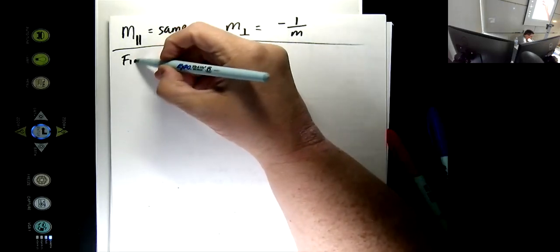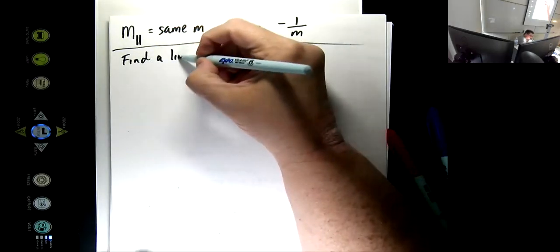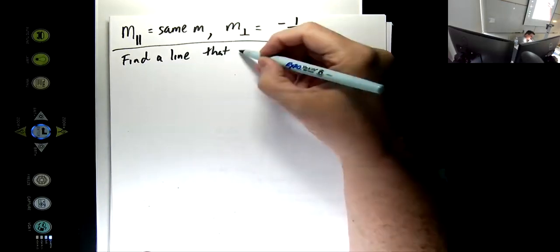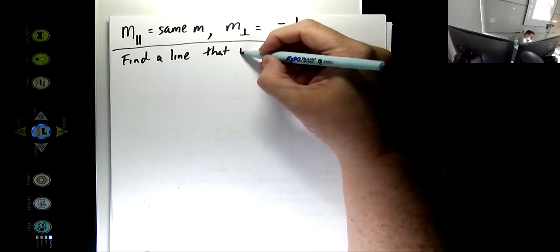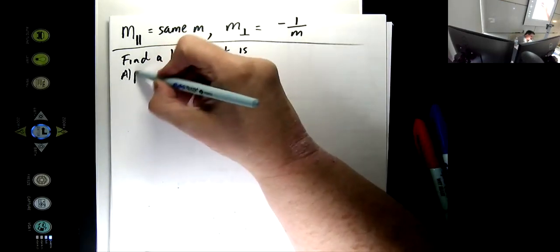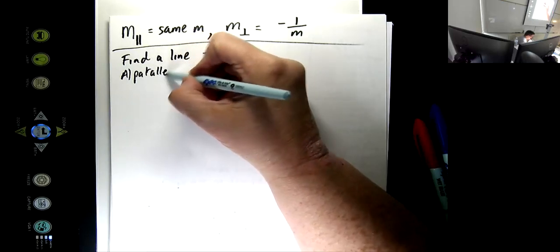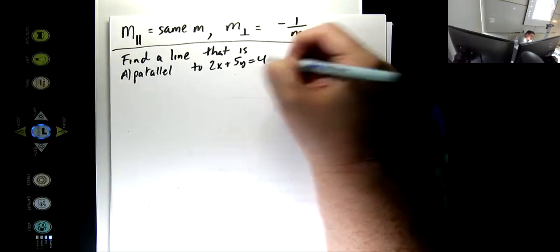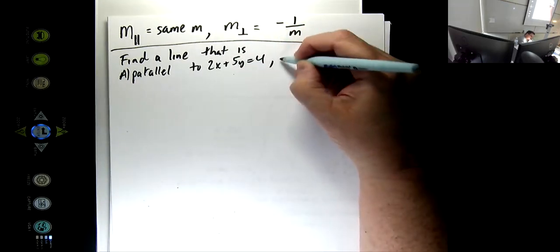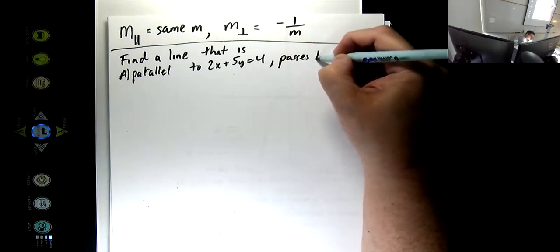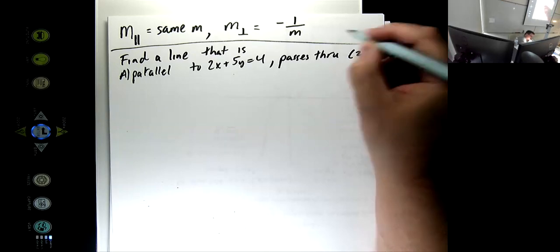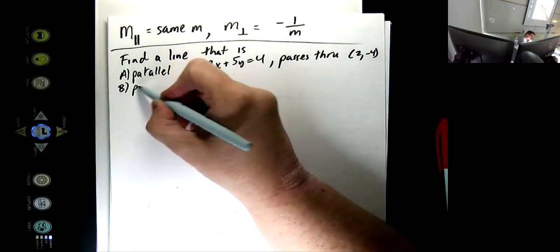Find a line that is parallel to 2x plus 5y equals 4 and passes through (2, -4). And then B will do perpendicular with the same information.